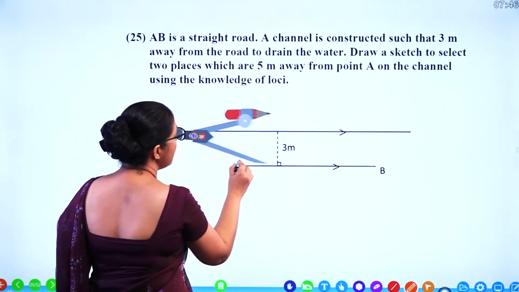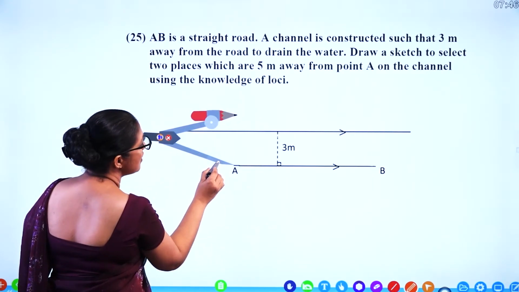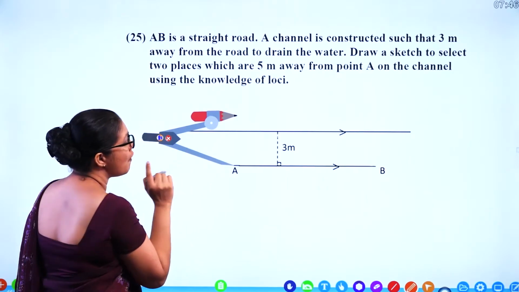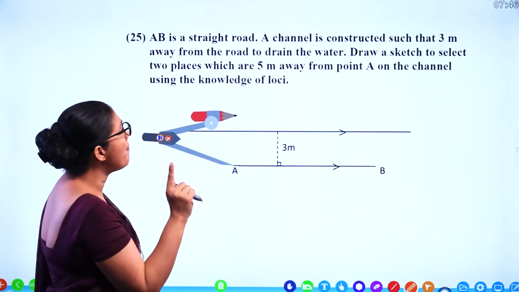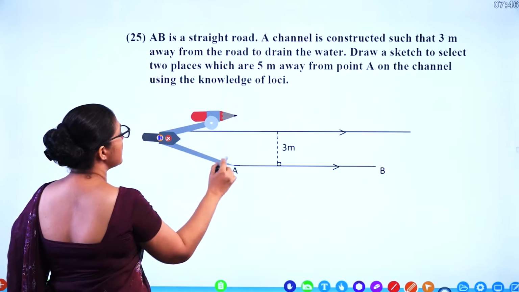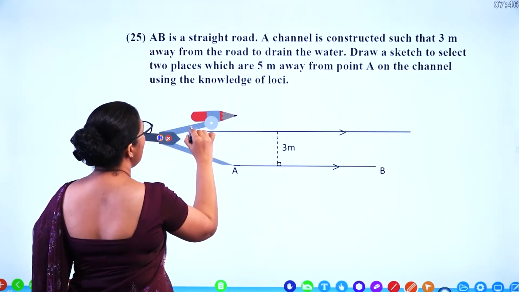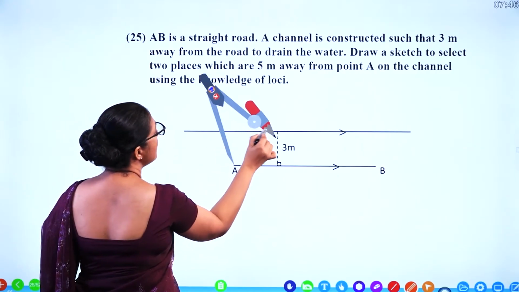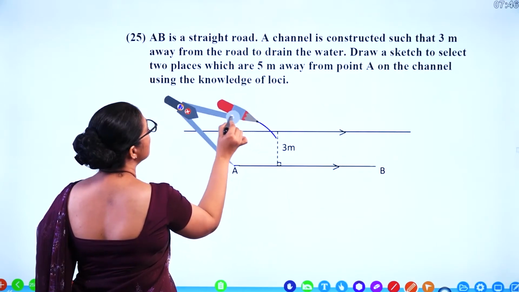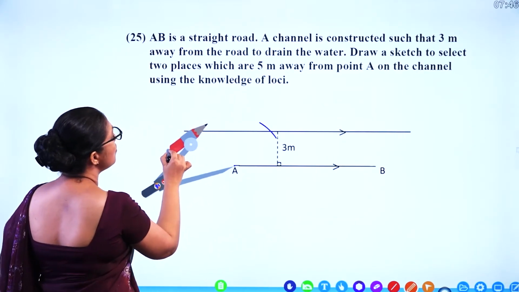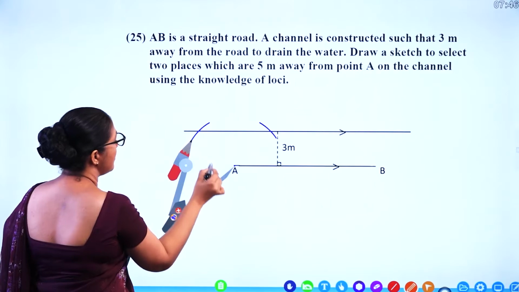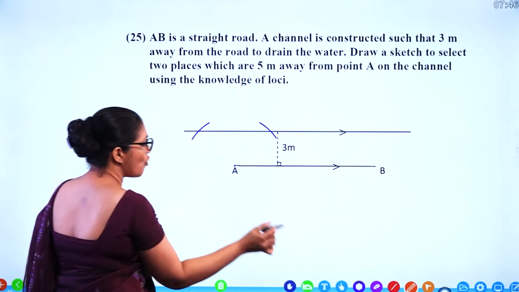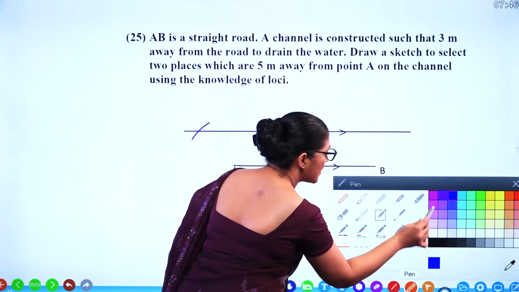And we can find the 2 places that are 5 meters away from point A. So take the 5 meter length and then draw the arc. You get 2 arcs here when you draw the circle of radius 5.